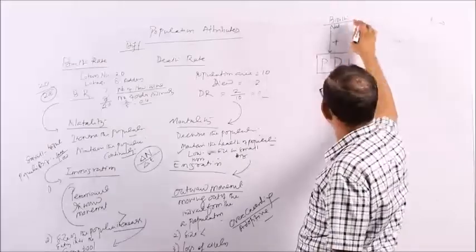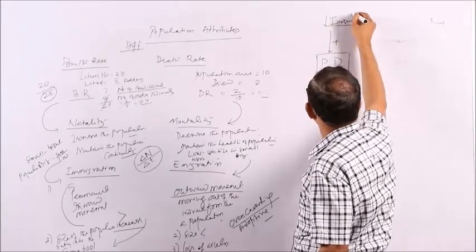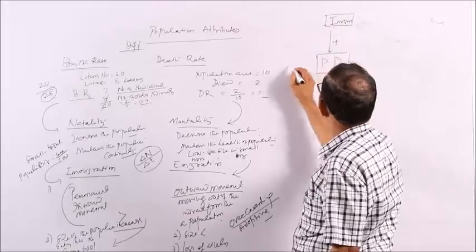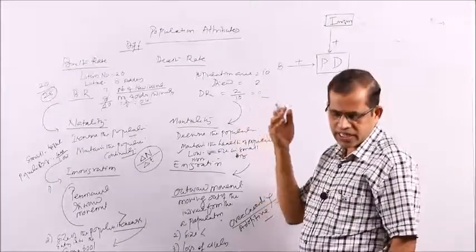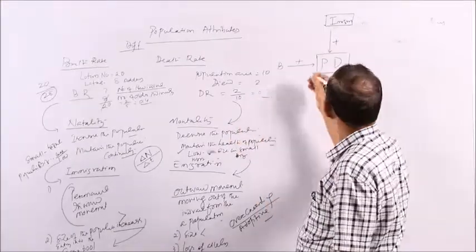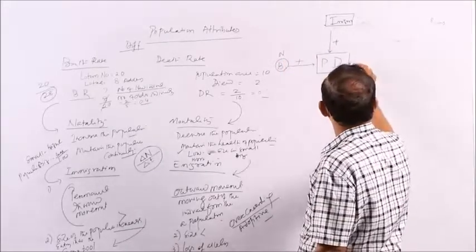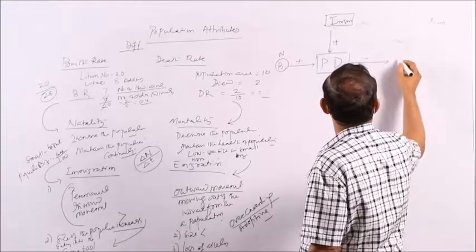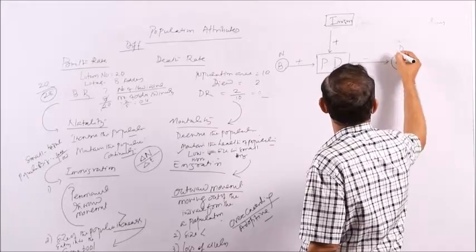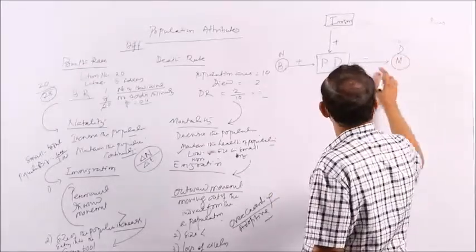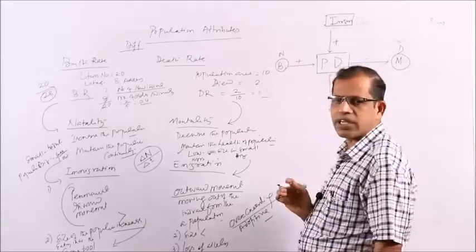You can say this is your immigration, I. So, I is the immigration, so it increases. Similarly, due to birth also population density increases. Similarly, population density decreases due to mortality, or death rate. Similarly, due to emigration it decreases.